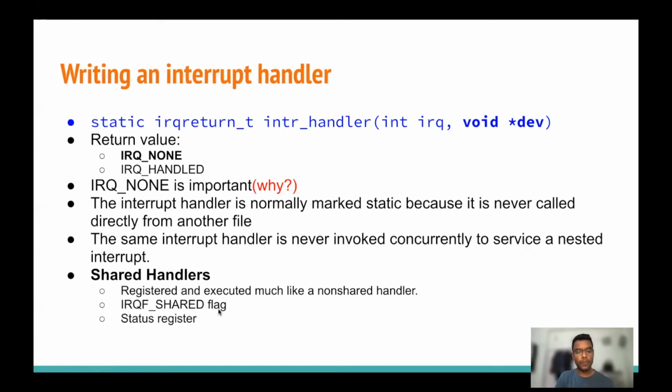When the processor receives the interrupt, it goes through every handler registered on that line. There is a status register inside a device, so the kernel can quickly check whether this interrupt was raised by this device on that line. So it can process that interrupt very quickly.